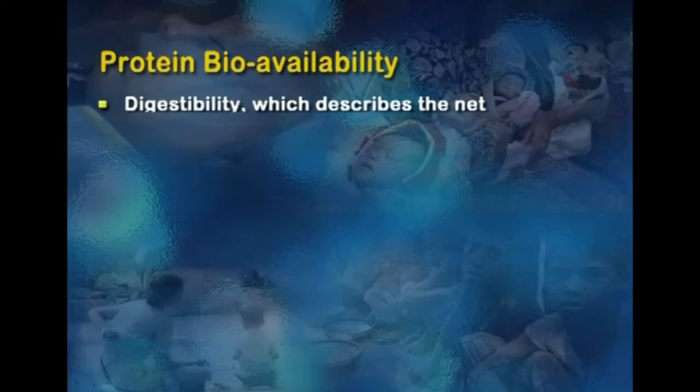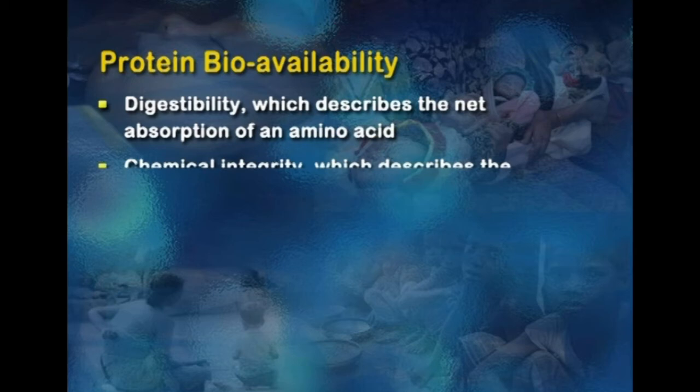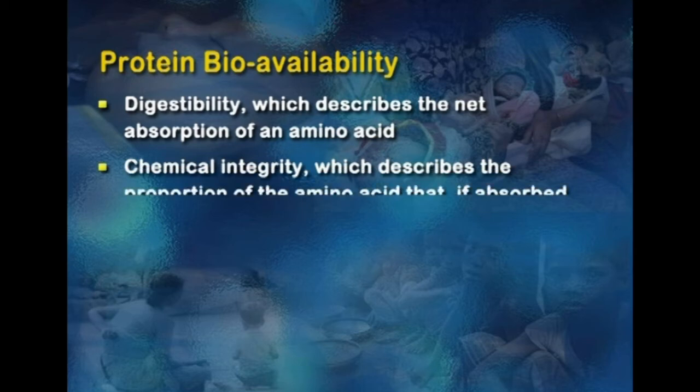The term bioavailability encompasses 3 properties of foods that can alter the proportion of an amino acid that can be utilized. These 3 properties are: number 1, digestibility, which describes the net absorption of an amino acid. Number 2, chemical integrity.